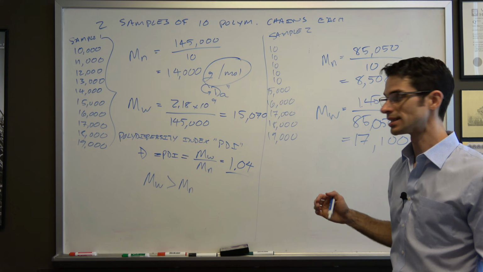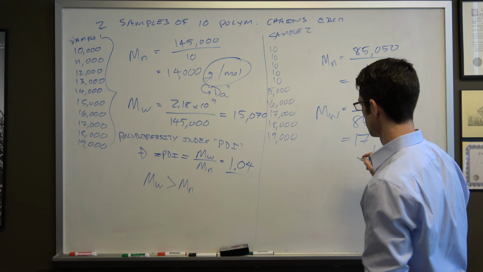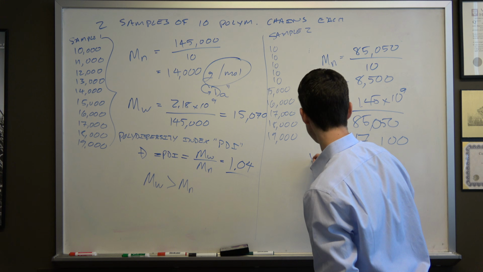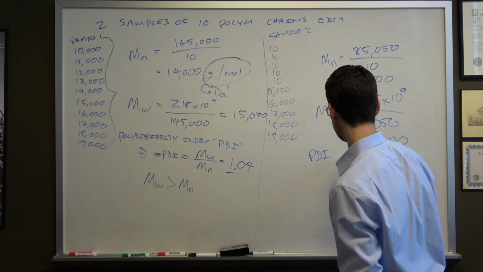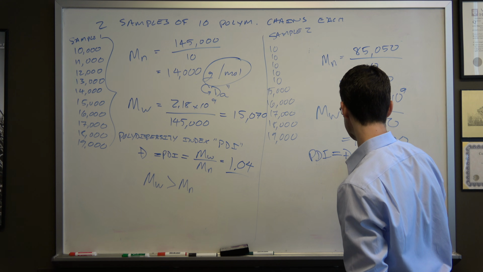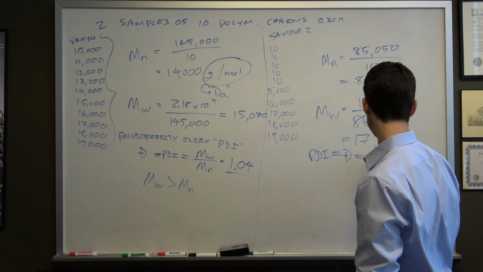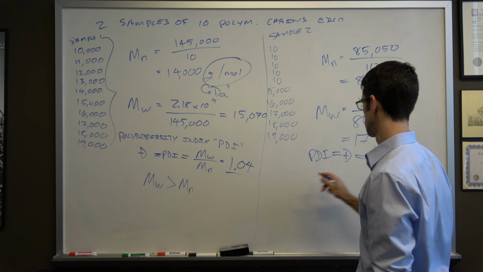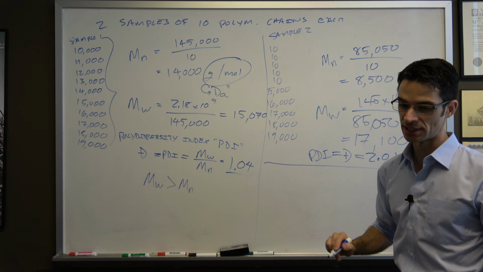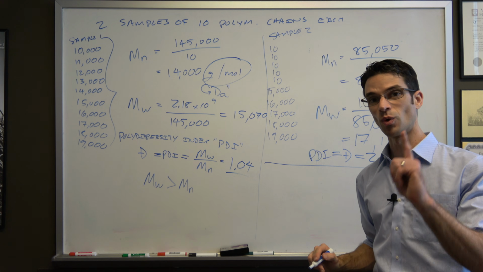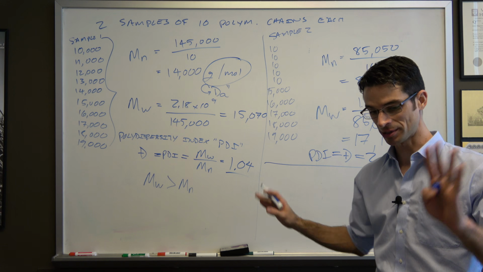Now, in this case, the PDI is a little bit more realistic. So the PDI, or just the dispersity, is 2.01. Okay, one more little factoid, then we're done, I promise.